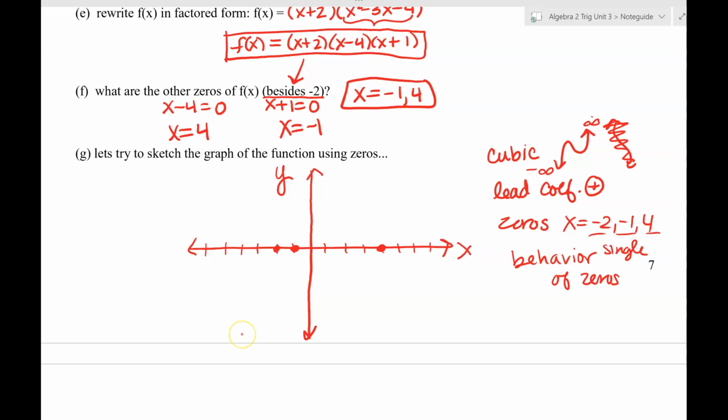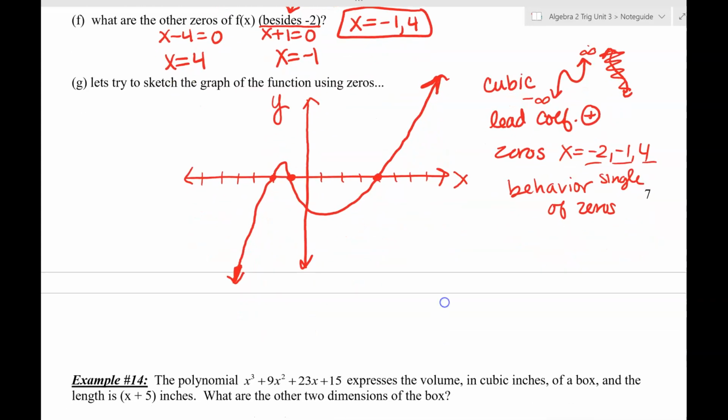So I just want to make sure my function goes from having a -infinity end behavior on this side of the graph to a positive infinite end behavior on the other side, and has those couple of turning points and uses the zeros present. So there we go. And yours might not look exactly like that. Remember, we're just looking for correctness in shape, end behavior, zeros, and behavior at those zeros.